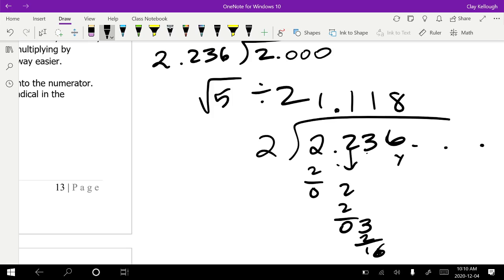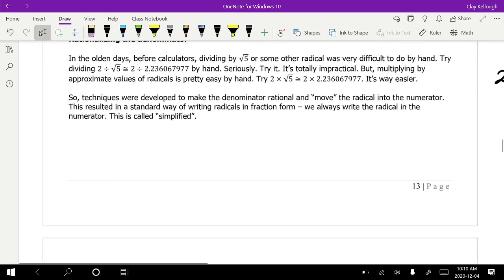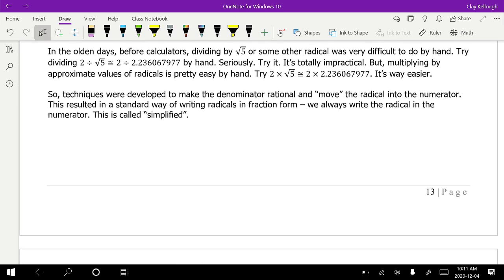There's an enormous difference in calculating brain power between dividing into a radical versus dividing with a radical. I don't want to divide with a radical, but dividing into it, no problem. So that difference in amount of work and amount of calculation meant that we just don't want to have radicals in the denominator.